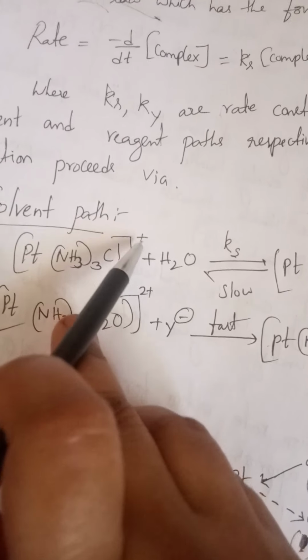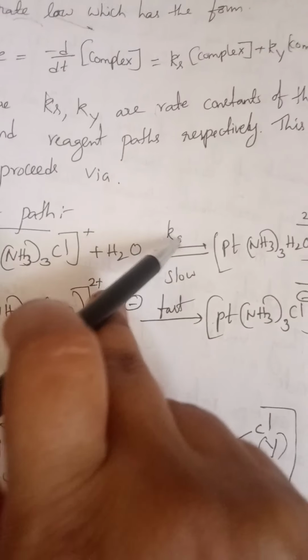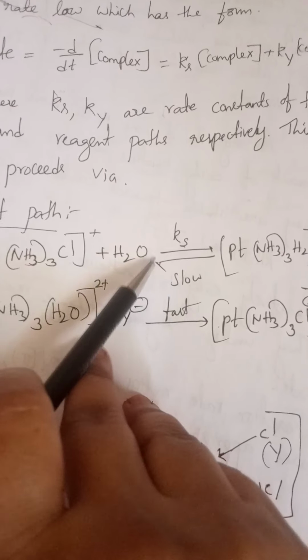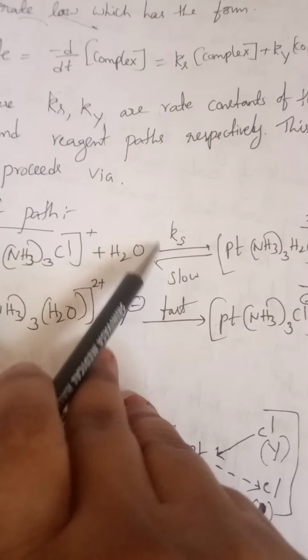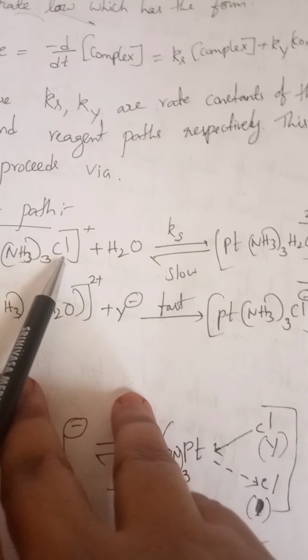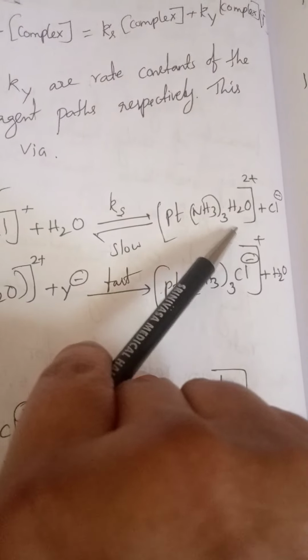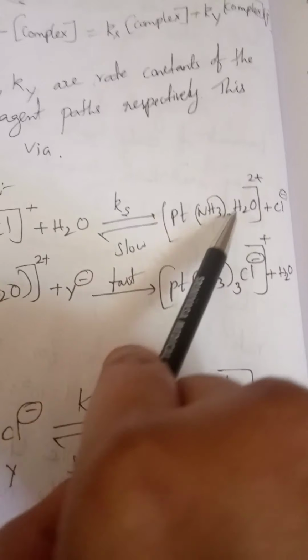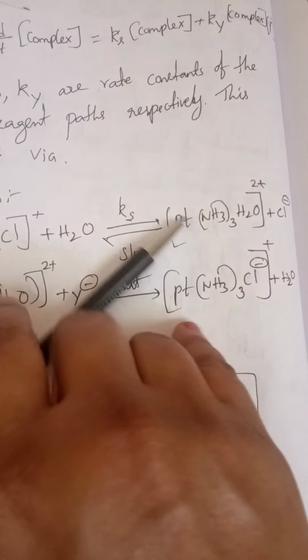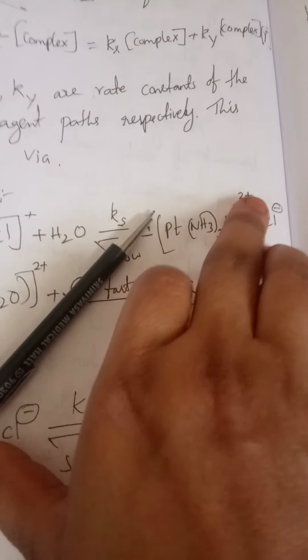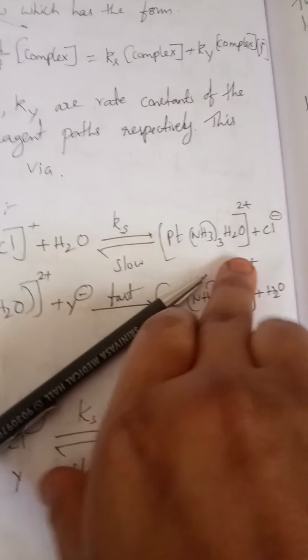The water molecule, a solvent, enters in a slow step, because it is a bond breaking step and the water molecule takes the place of chloride. The water molecule is neutral and NH3 is also neutral, so platinum has the plus 2 state and the overall oxidation state is also plus 2. Chloride leaves. This is the slow step.